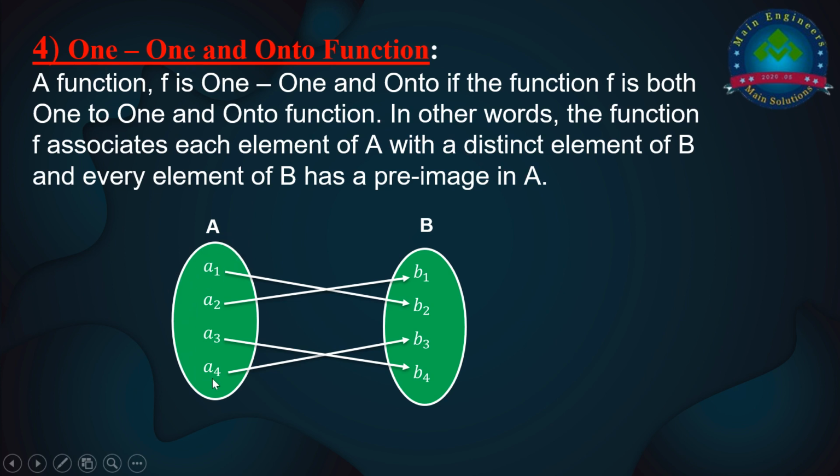Each element of set A has a distinct element in set B. That means this satisfies the first condition, one-to-one function. And the next condition is onto function. Every element of set B has a pre-image in set A. That means this also satisfies the next condition, onto function. So in this case, we can say set A and set B is a one-to-one and onto function.